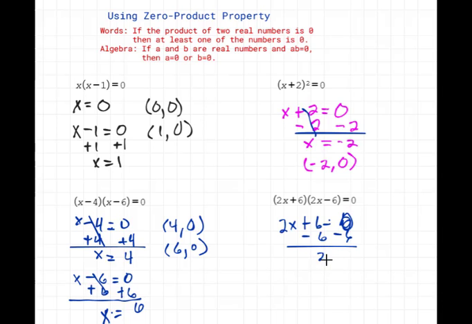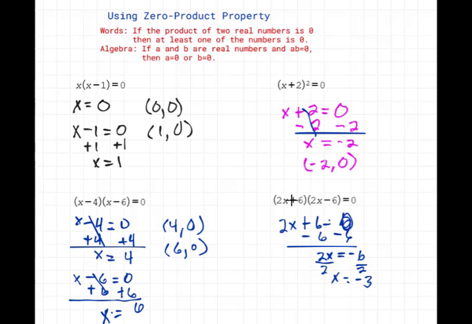So now I have 2x is equal to negative 6. In this case, we actually have an extra step because we have the 2 times x. So here we're going to divide both sides by 2. So x is equal to negative 3.